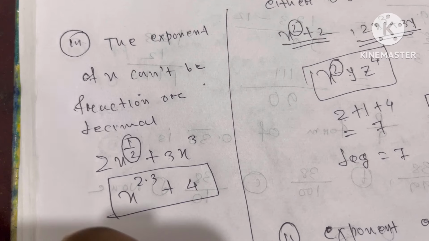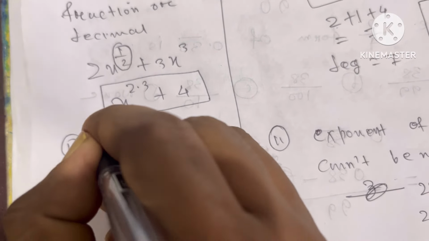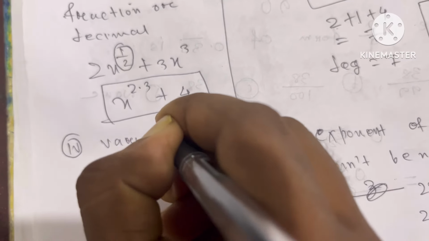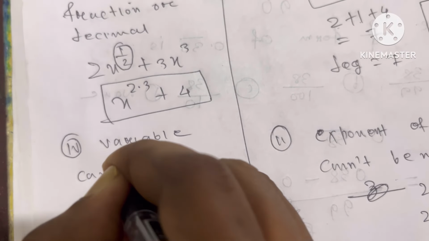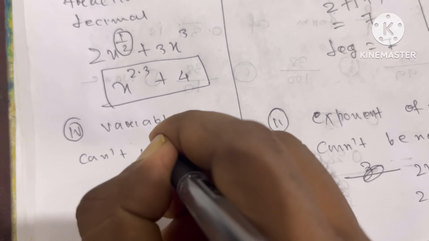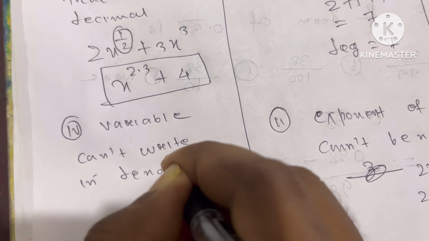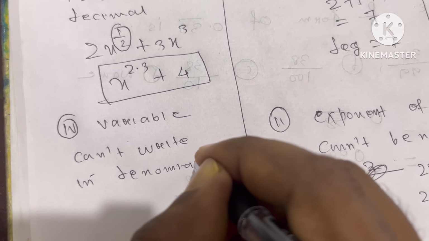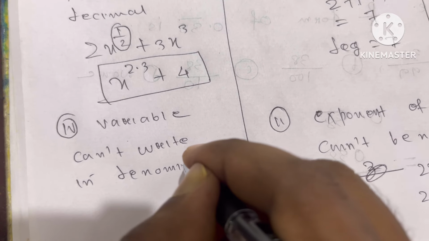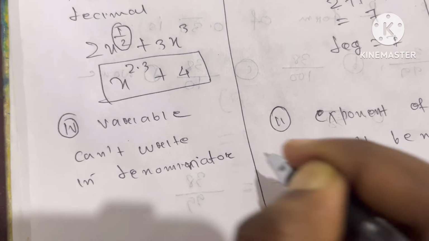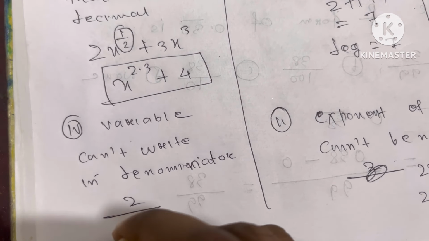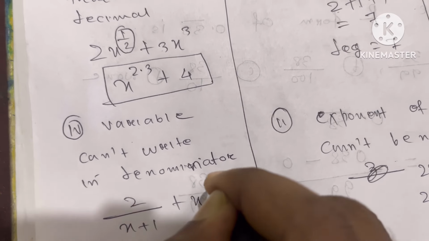And point number 4: a variable cannot be written in the denominator. That means 2 by x plus 1 plus x power 3: is this a polynomial?